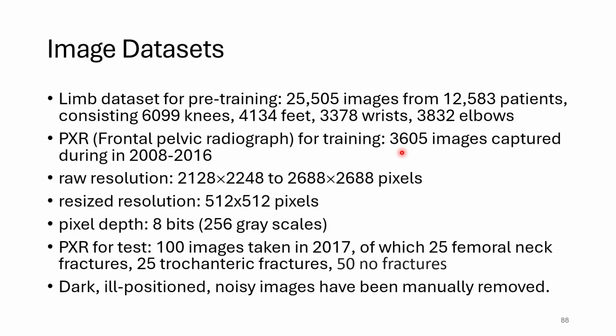They collect X-ray images of the same type from other human body parts, most of them limbs. From the limb images, they can know whether there is a fracture, and they can label them. They use the limb images to train their models from scratch, and then fine-tune the model using their frontal pelvic images.